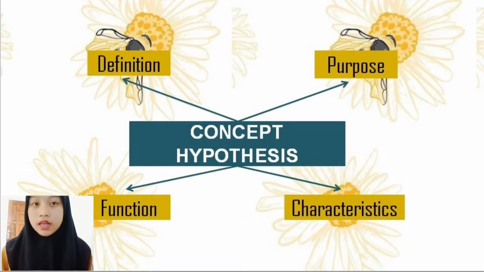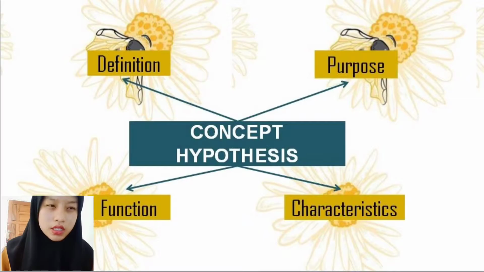The third is to help us in prioritizing data collection, hence providing focus to the study. And the last is to enable the formulation of theory for us to specifically conclude what is true and what is not.